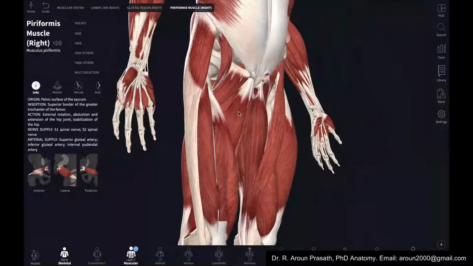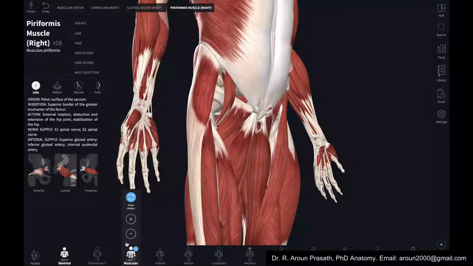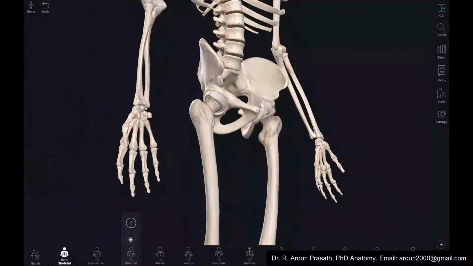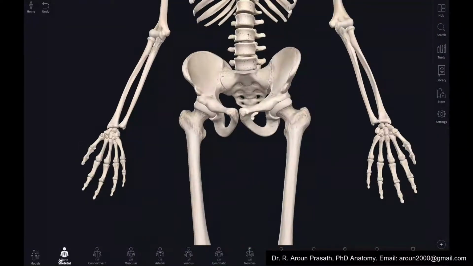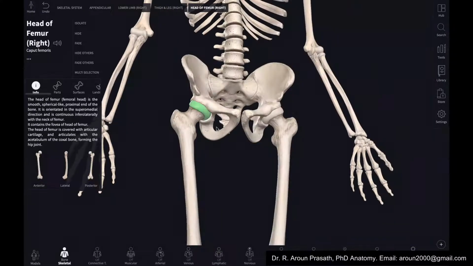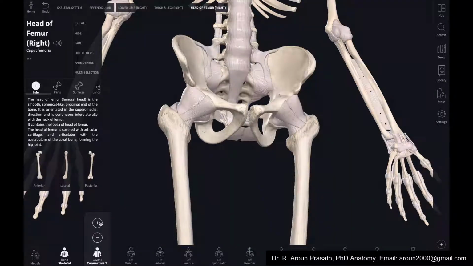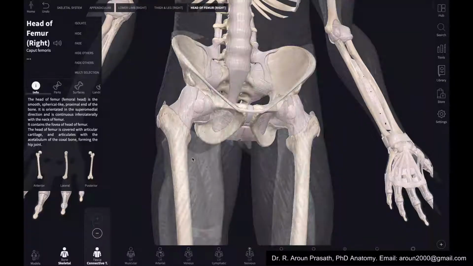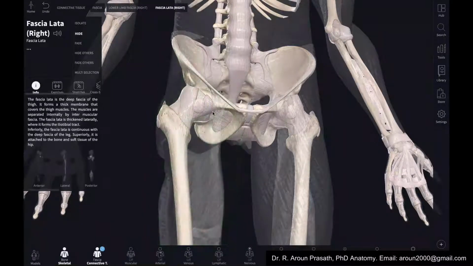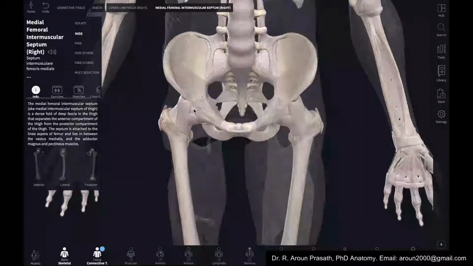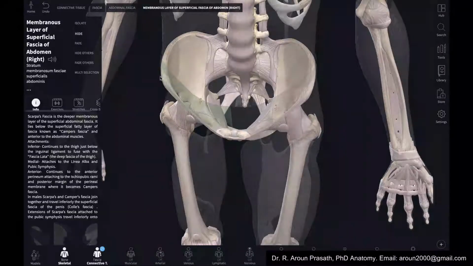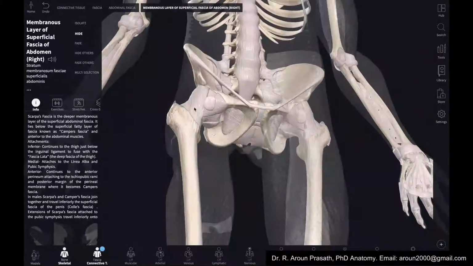Okay, so coming to the ligaments of the hip joint, if you look at the articulating surfaces, they are covered by the hyaline articular cartilage. In the hip joint, there is a strong ligament, that is the iliofemoral ligament. I will show you each and every ligament.